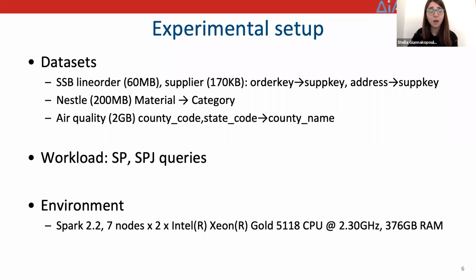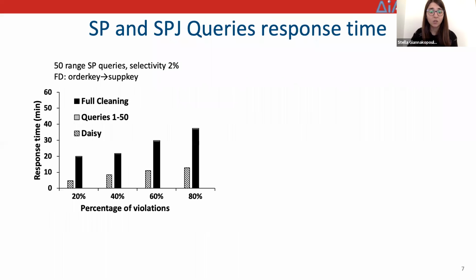And since we have built our system over Spark, we evaluate it over a 7-node cluster. So in this experiment, we measure the response time of our system first given a set of select project queries, and specifically we use a workload with 50 range select project queries, which are non-overlapping. They have the same selectivity, and in the end, they access the whole data set.